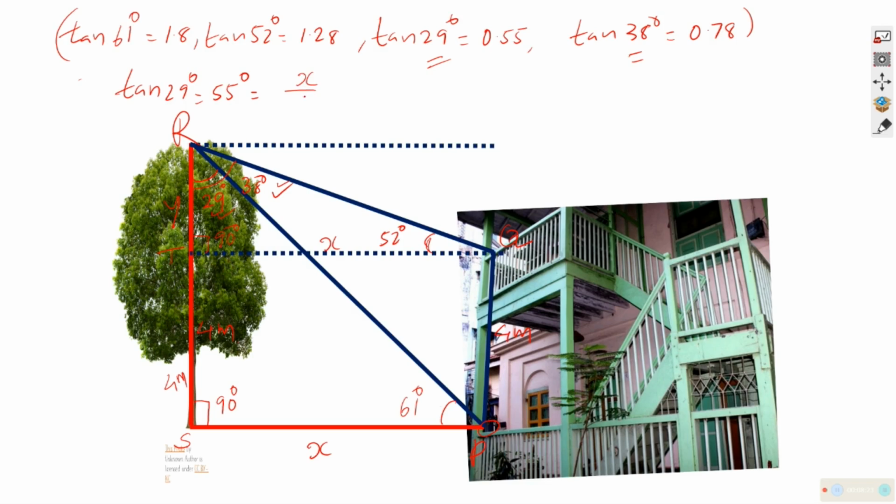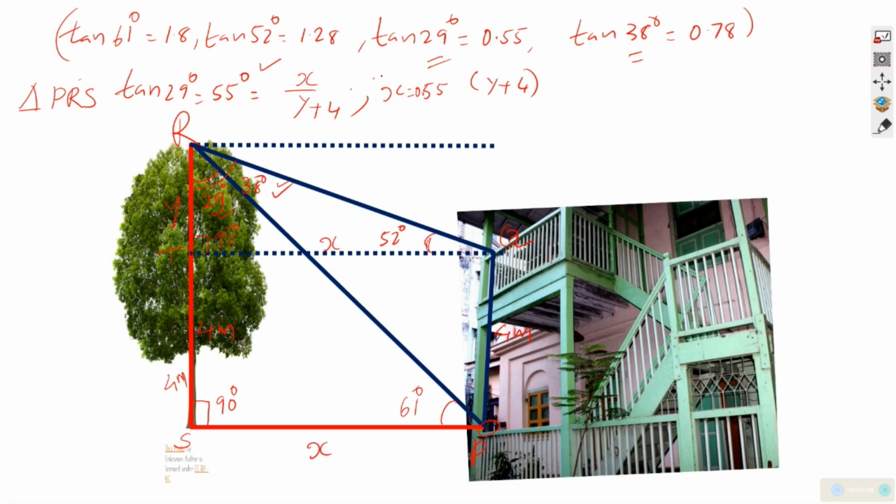Opposite is x, adjacent side is y plus 4, if you are considering triangle PRS. So tan 29 degree is equal to x upon y plus 4 meter, and it is equal to 0.55. That means x is equal to 0.55 into y plus 4, right?